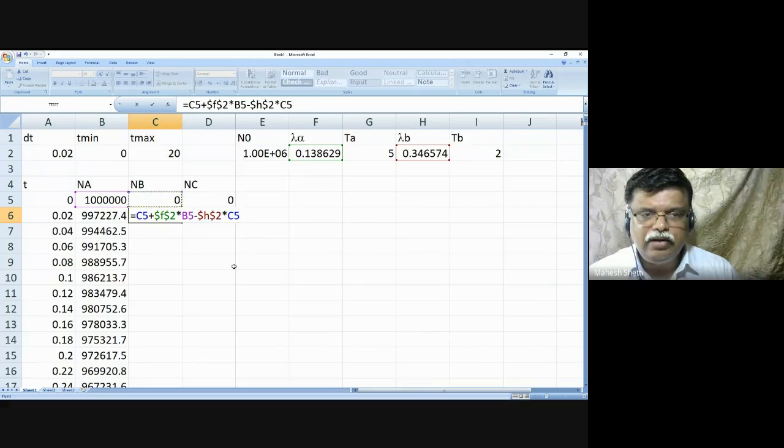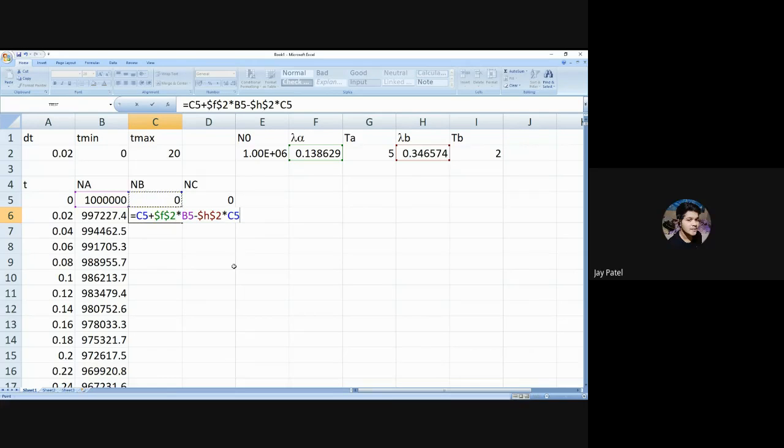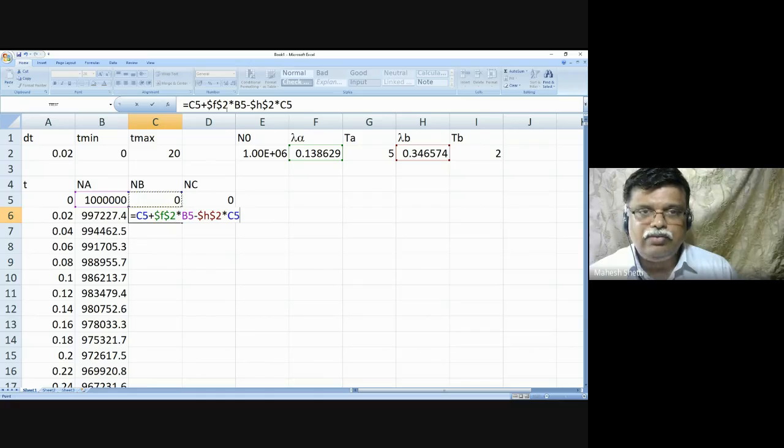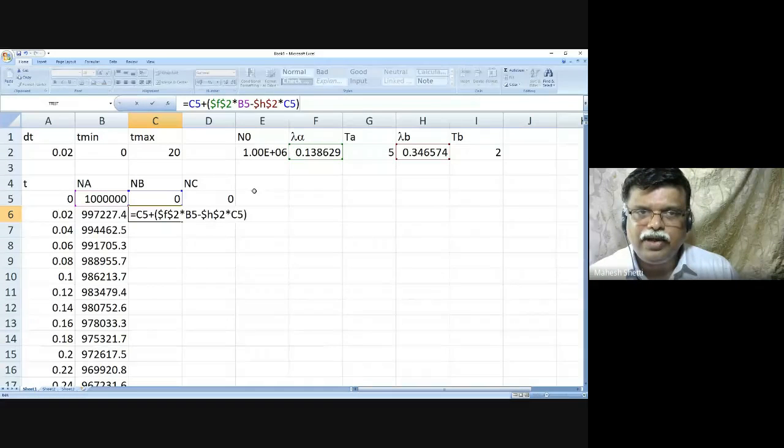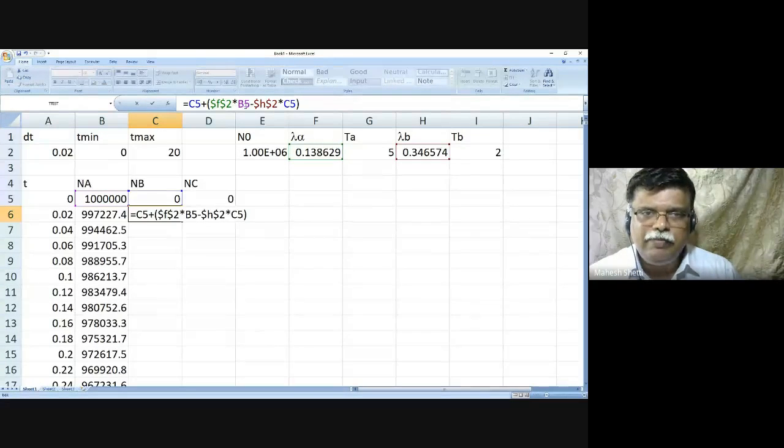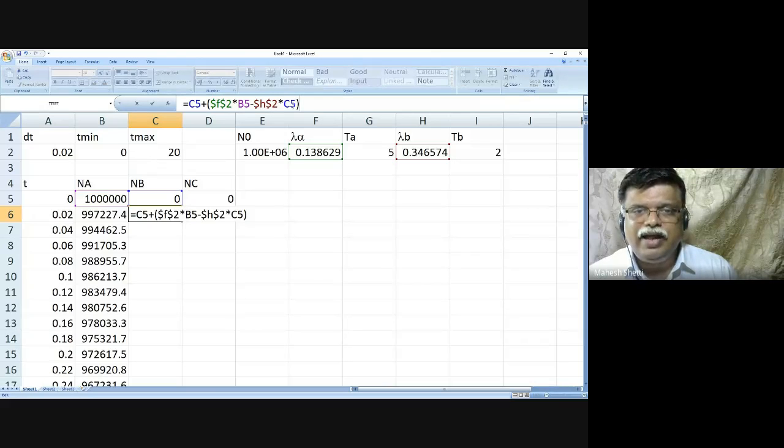Yes, I have to write dt also, after B5. Thank you for ensuring that. But I will have to put this in a bracket. So this is lambda B NB dt minus lambda A NA dt.